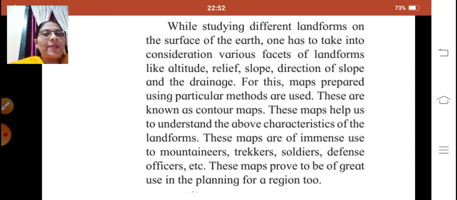So all these things are known to the mountaineers, trekkers, soldiers, defense officers, etc. And these maps prove to be of great use in the planning for a region as well. If a mountainous region needs to be developed, then with the help of these contour maps, various steps can be taken for the planning of a particular region.